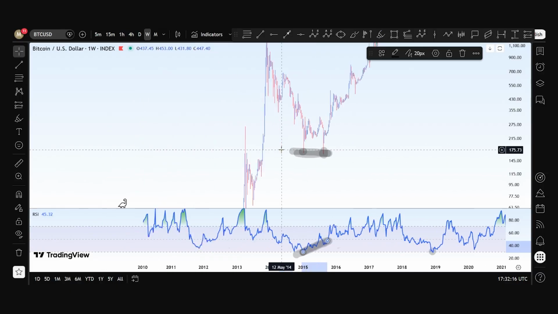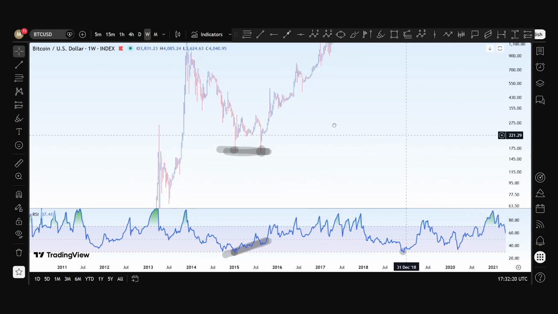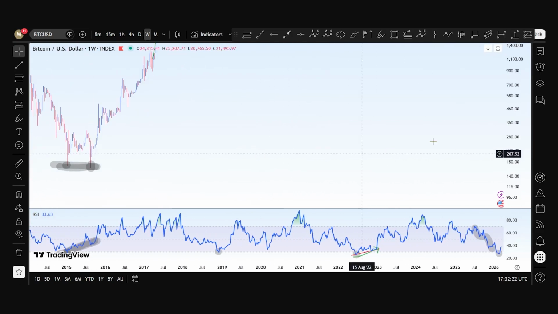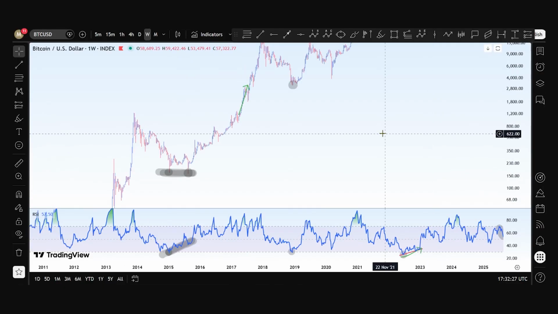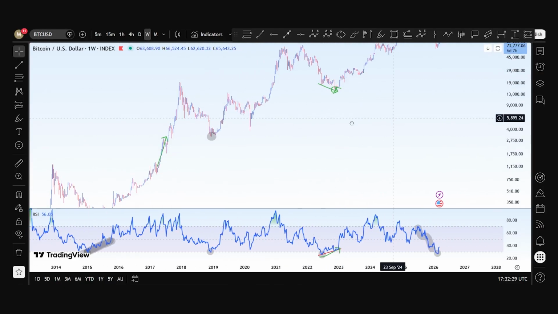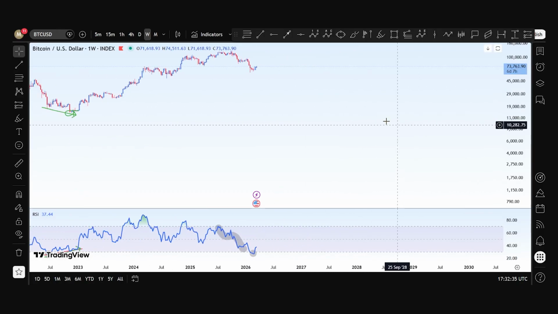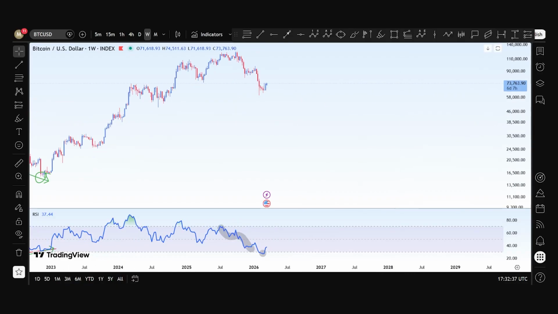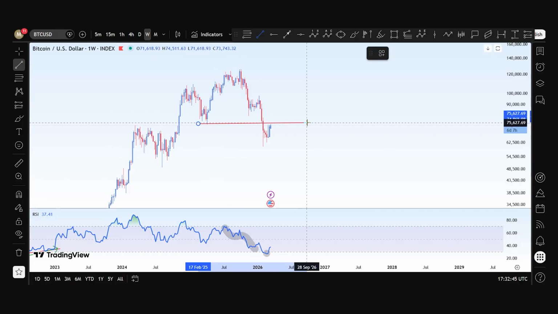So what I wanted to say, we can even go back to the history of Bitcoin, but these are the examples, or the data that we have since 2013, 2014. As we can see, it doesn't necessarily mean that once we hit this area it's the bottom, but actually we can see another dip in the future, and this could be just, for example, a retest of this resistance down here.